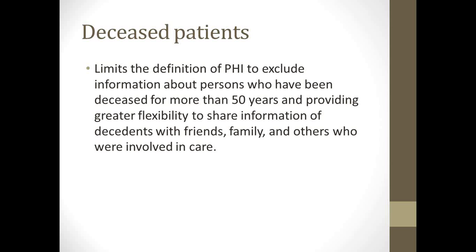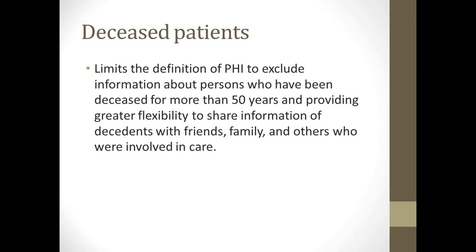Under the Omnibus rule, the definition of protected health information now expressly excludes the health information of a person who's been deceased for more than 50 years. In addition, the Omnibus rule provides that providers may disclose the protected health information of a deceased person to such person's family members, relatives, or other individuals indicated by the deceased who were involved in either the deceased's care or payment of care.